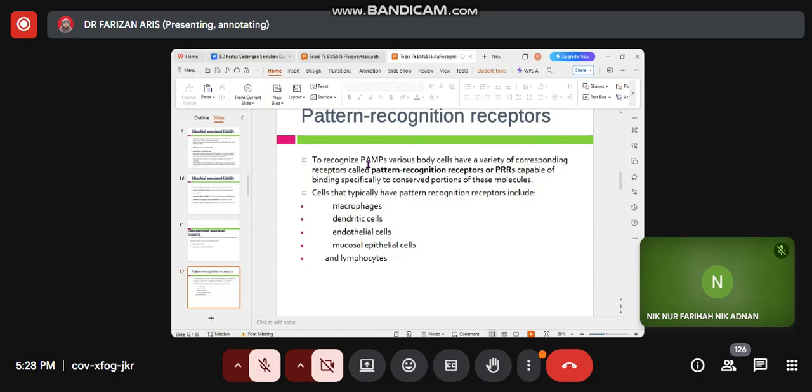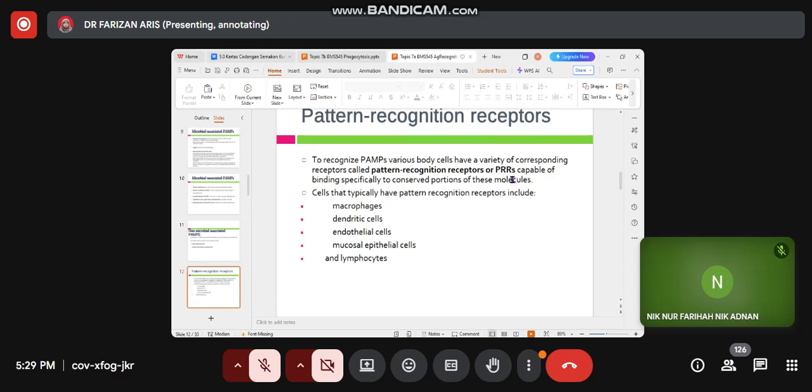In order for the innate immunity to recognize the PAMP, they should be expressing a specific molecule or a receptor on the surface of their cells, which is called pattern recognition receptor, PRRs.